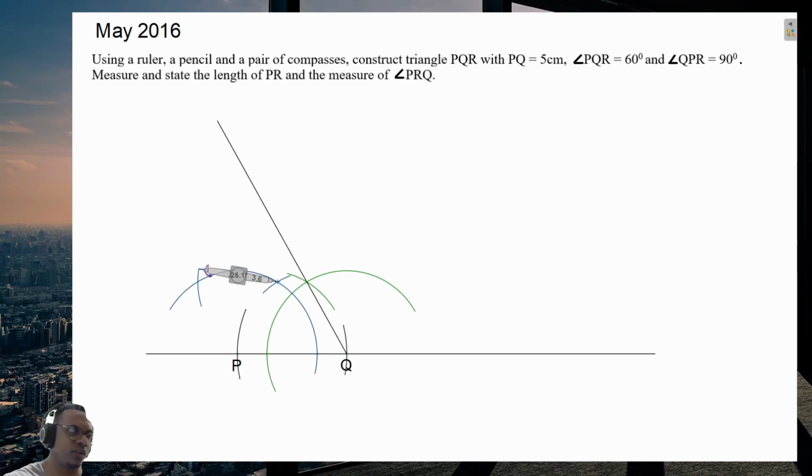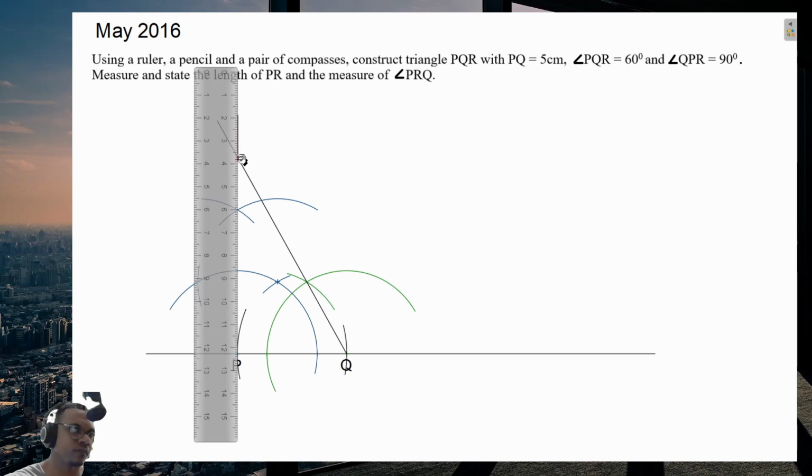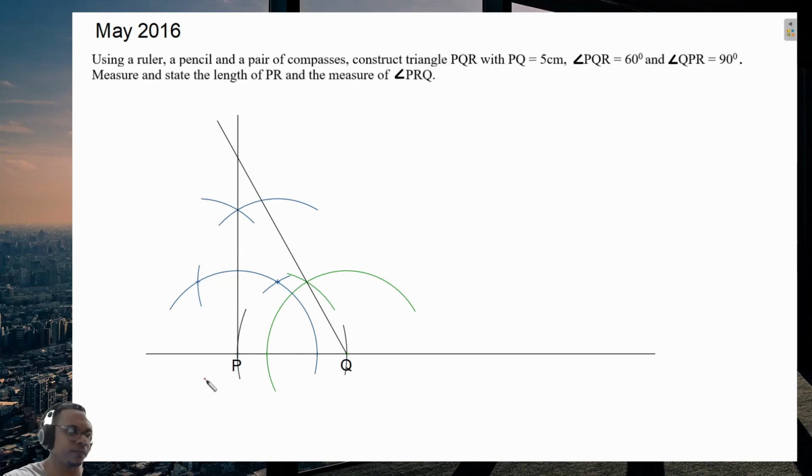This will be our 120 degree point. Now we bisect between the 60 degree angle and the 120 degree angle to get 90 degrees. And that will be our 90 degree angle constructed at the endpoint P.